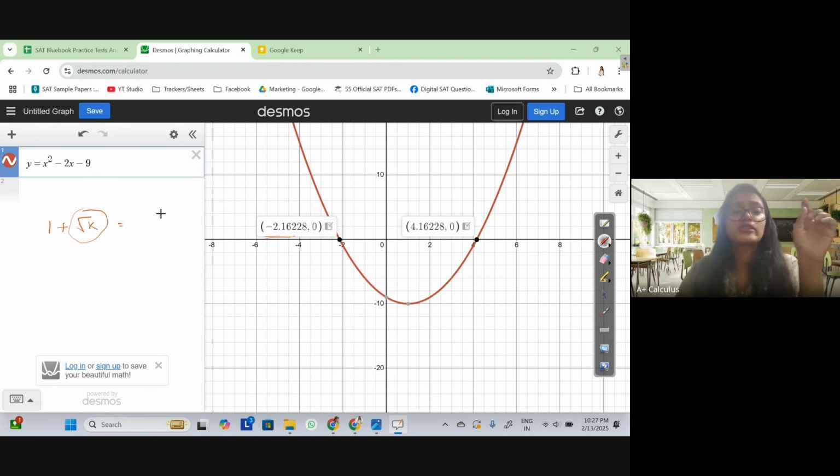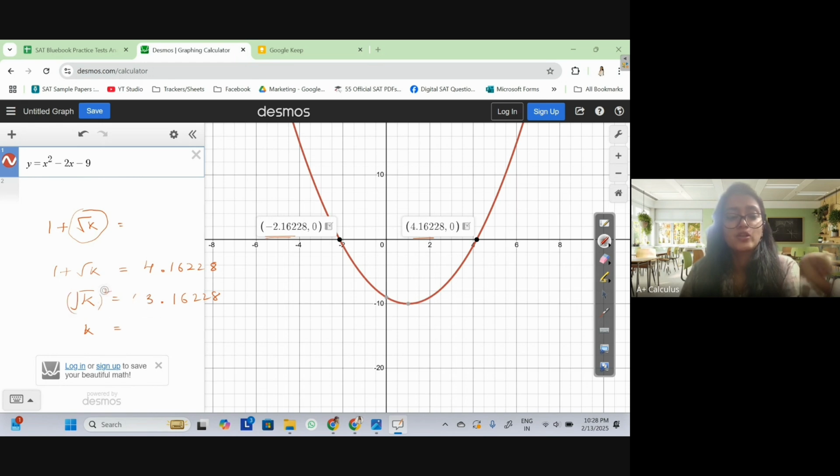So the solution they are actually talking about is the positive solution. So you take 1 plus square root of k and put it equal to the positive solution, 4.16228, and you have to find the value of k. So square root of k is equal to this number minus 1. That will give you 3.16228.